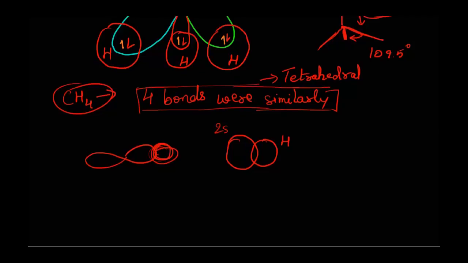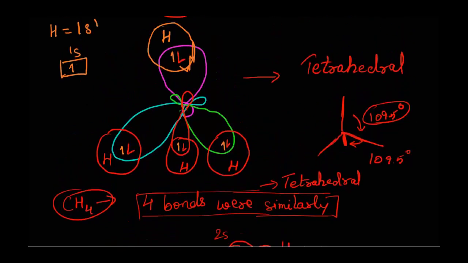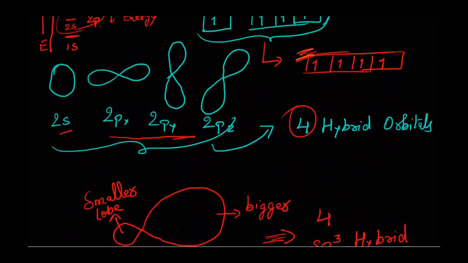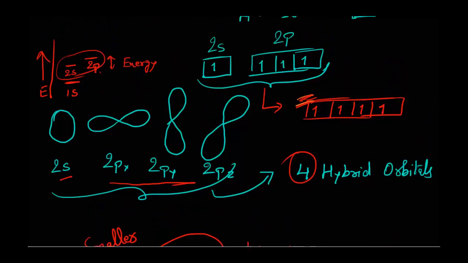That's why the theory of hybridization came up, where all these orbitals intermix together and form 4 hybrid orbitals which are equivalent in energy.